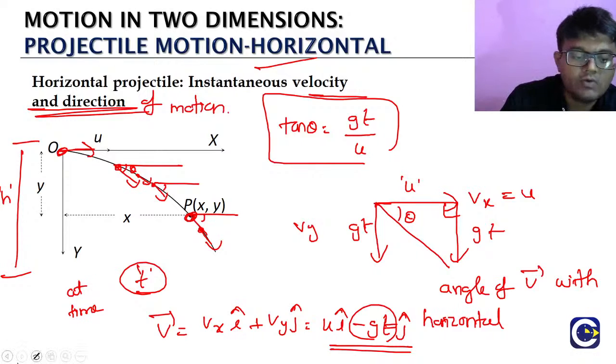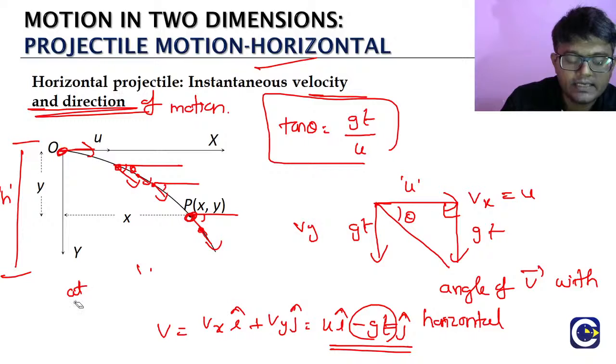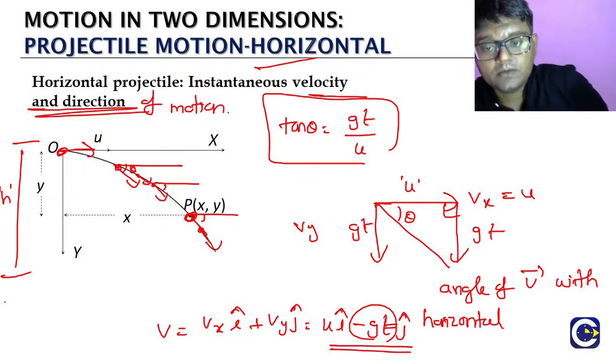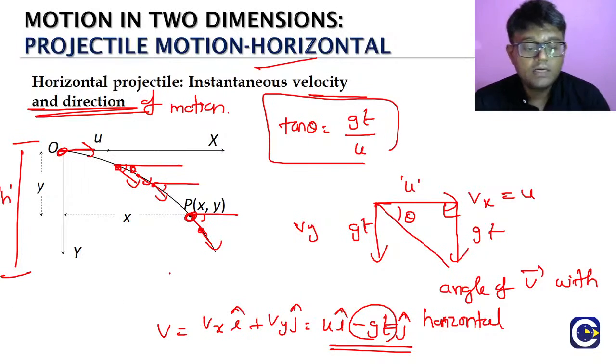Tan theta is equal to gt by u. So how are we getting it? We are just using that triangle method, right? Whenever we have a vector, it will have the x component and the y component. From there we will be able to get the angle made by the vector with the horizontal. What is the angle coming as? Tan theta is equal to gt by u.